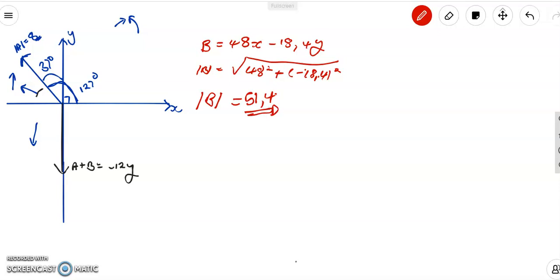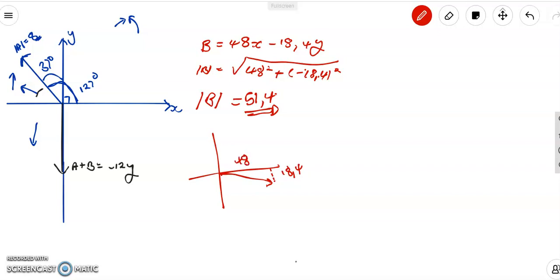Now the next thing that we are supposed to be calculating is the direction of B. To do that, what I always do is I draw the y-axis. This is the x-axis, and my B has a positive x value, but a negative y value. This is B. The y component of B is negative 18.4, and its x component is 4.8.